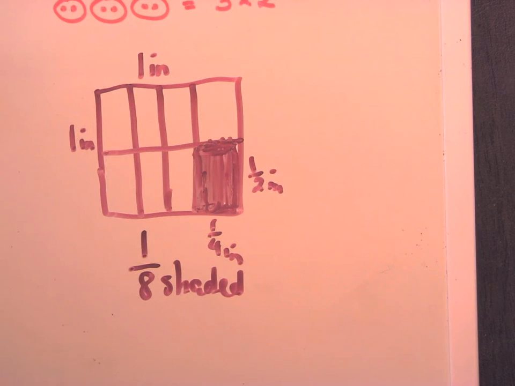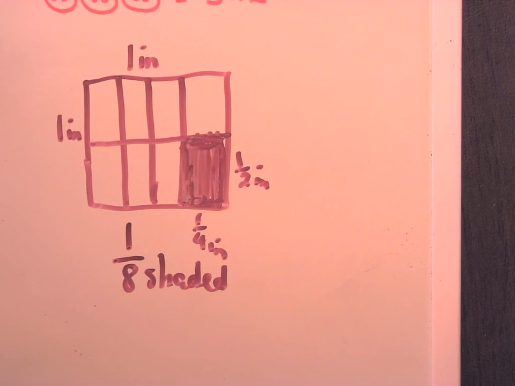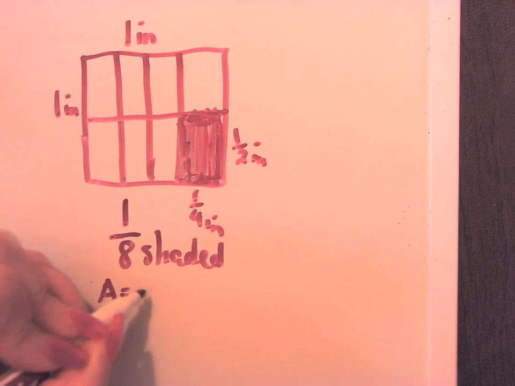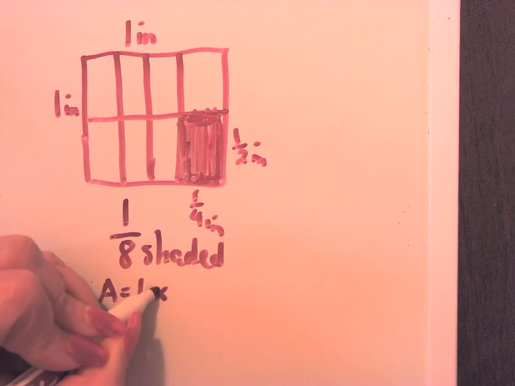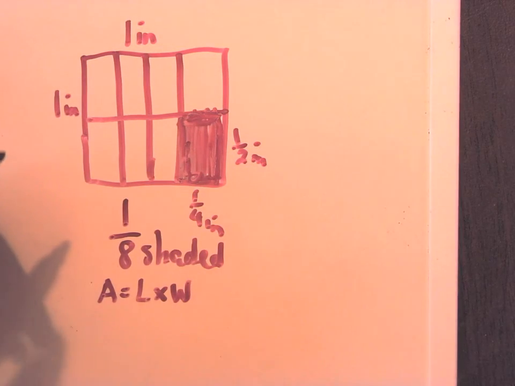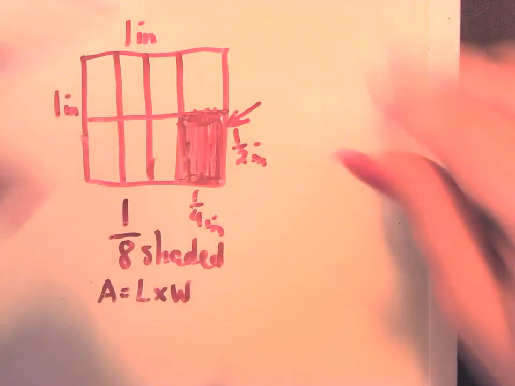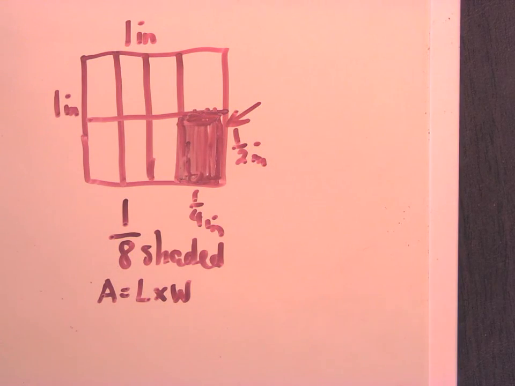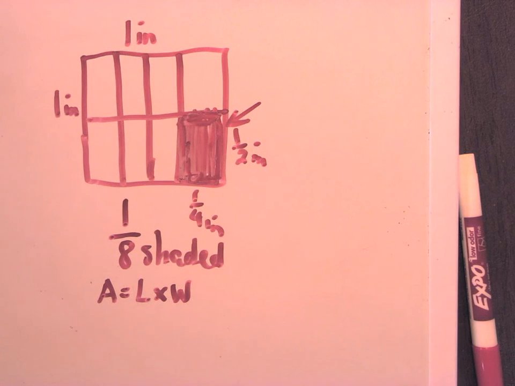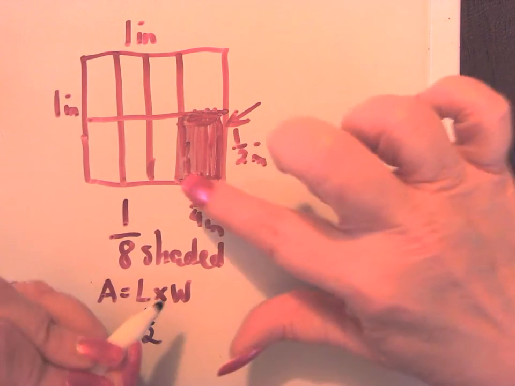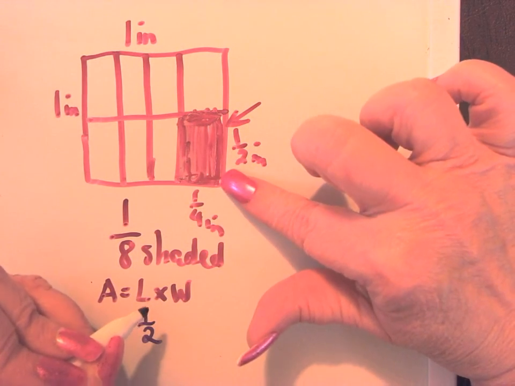Then it asks us, choose a formula and then find the area of the shaded rectangle. Well, remember, area is length times width. So they want it for the shaded area only. So just this piece right here. How big is that square? What is the area of that? So we say it's 1/2 right there, 1/2 times the 1/4 going across here.